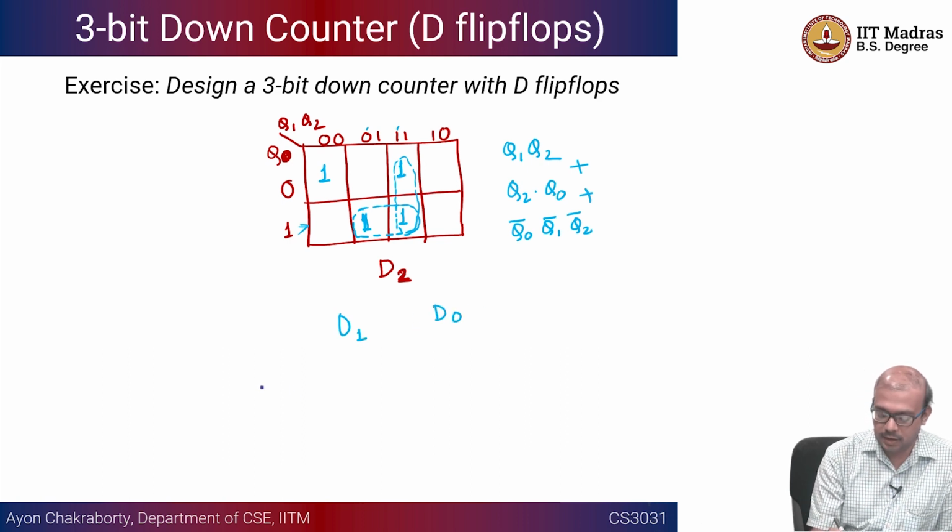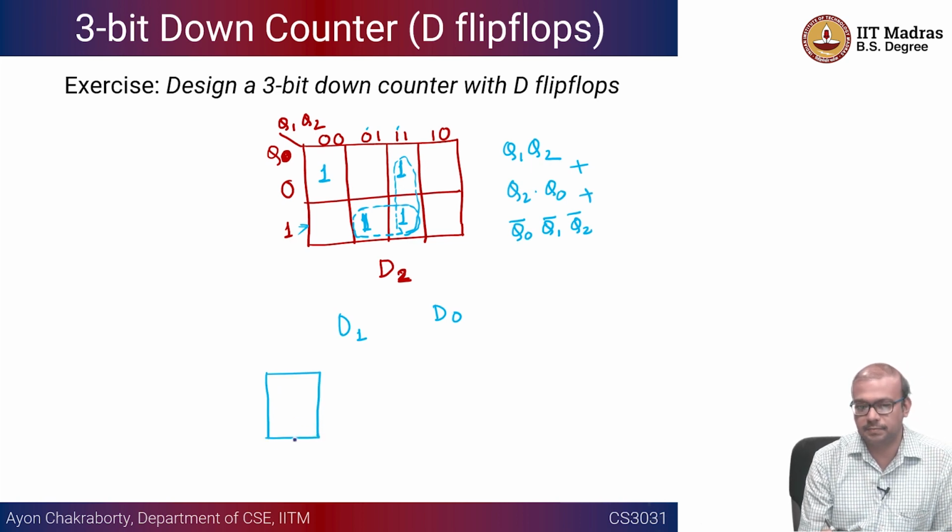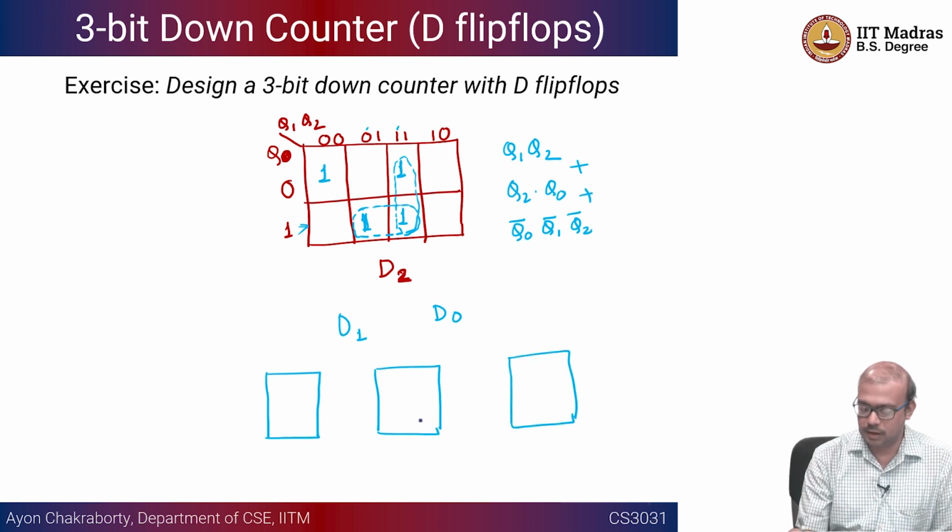So repeating the design that we have already seen, this is going to be a synchronous sequential circuit. So you should have these 3 flip-flops. This could be represented as D flip-flop 0, this could be D flip-flop 1, this could be D flip-flop 2.